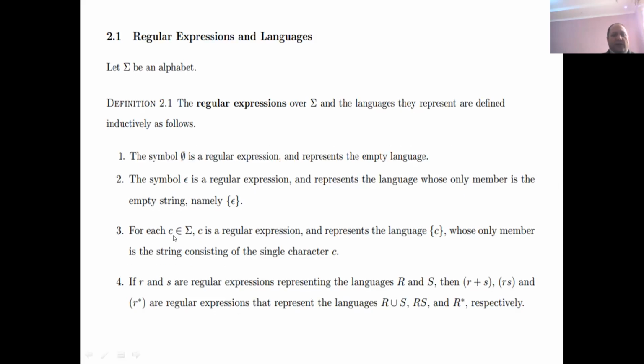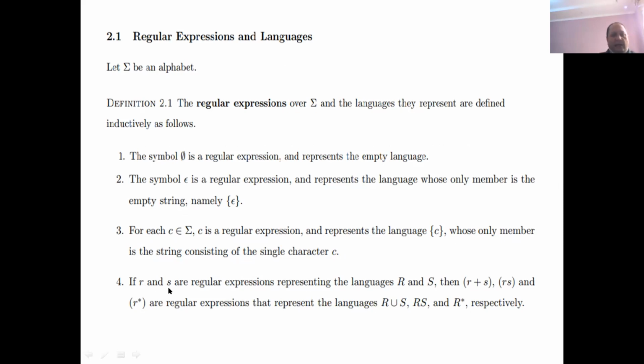Third, for each c belonging to sigma, c is a regular expression and represents the language whose only member is a string consisting of the single character c.